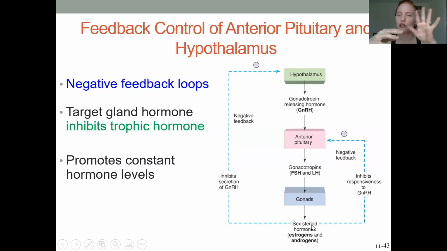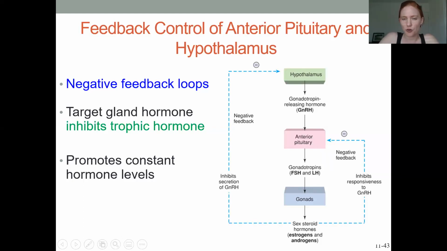Okay, so they'll wander around and they're going to inhibit both of them, which means you have a reduced amount of gonadotropin releasing hormone and a reduced amount of gonadotropin, so less FSH and less LH, and the net result would help reduce the amount of the estrogens or the androgens, right? So again, don't forget that the main point of all of this is to keep the levels fairly consistent, keeping those levels the same.